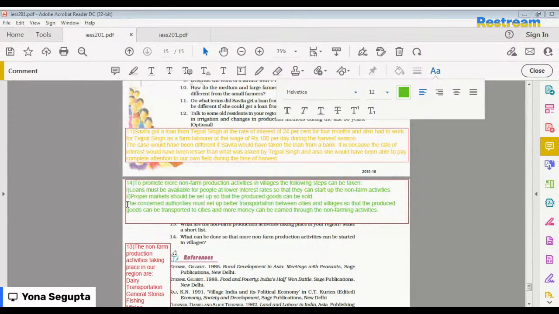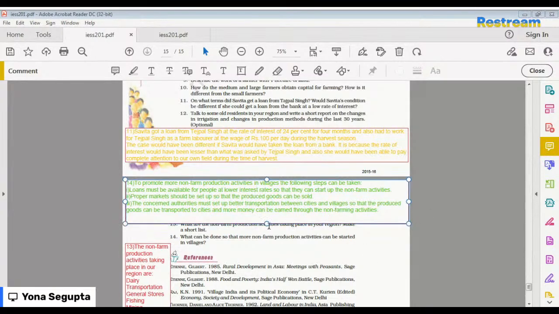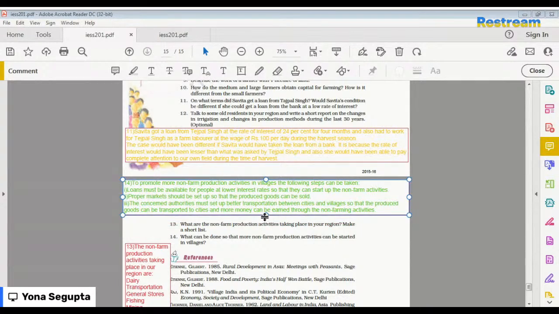And last but not the least, number three, the concerned authorities must set up better transportation between cities and villages so that the produced goods can be transported to the cities and more money can be earned through the non-farming activities.